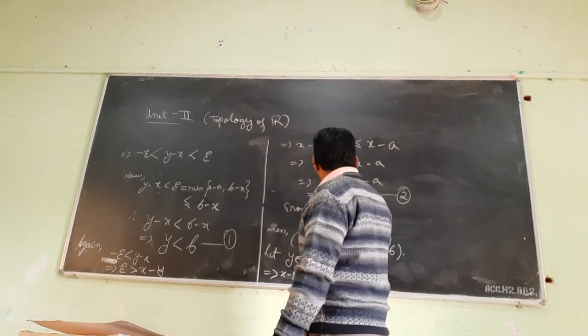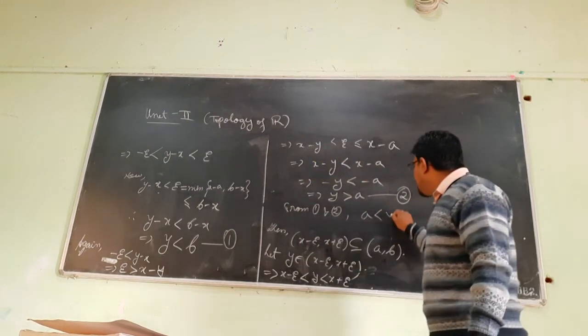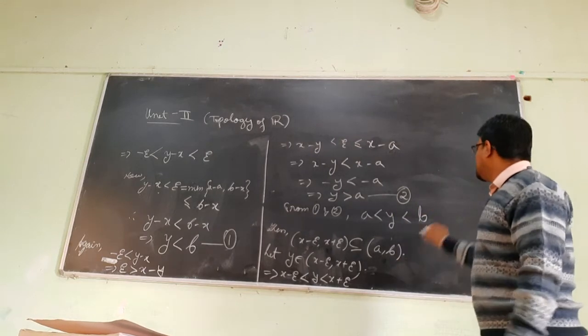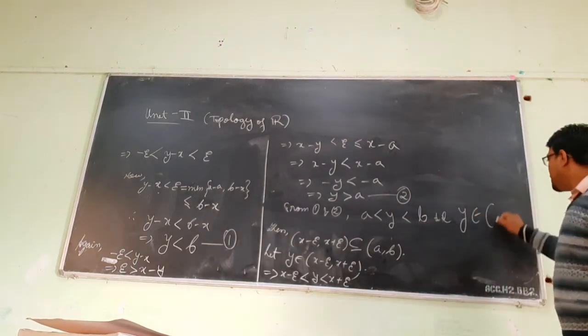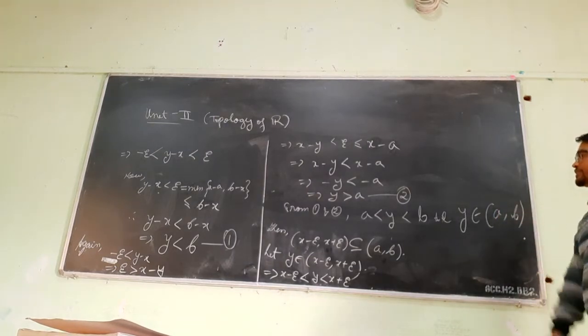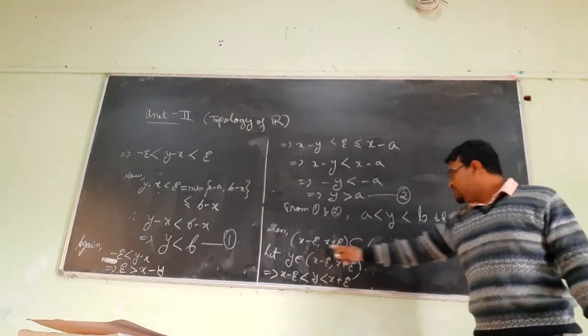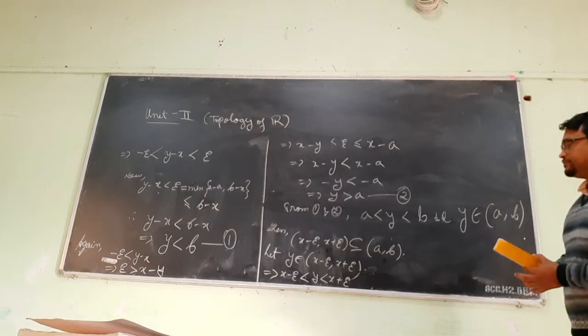From 1 and 2 we write a less than y less than b. So y belongs to the open interval (a, b). If y is an element here, y is also an element here.